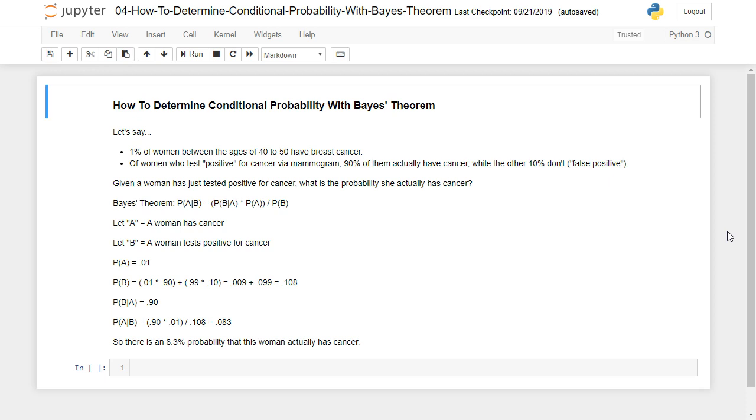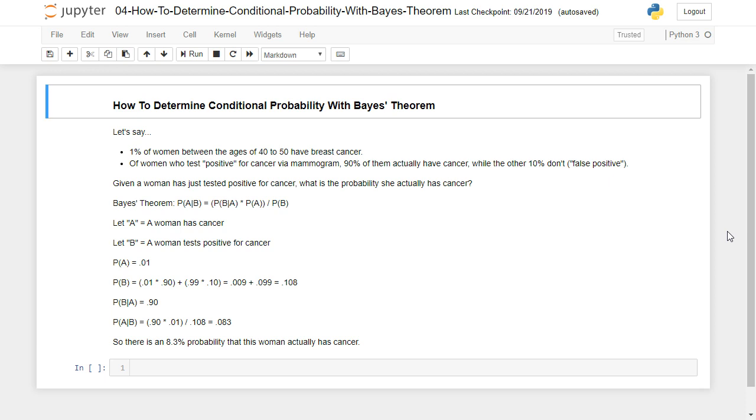So once again, the probability of A given B is equivalent to the probability of B given A multiplied by the probability of A, all over the probability of B. So if we say that A is the woman having cancer and B is the woman testing positive for cancer, the probability of A, of the woman having cancer, is 1%, right?